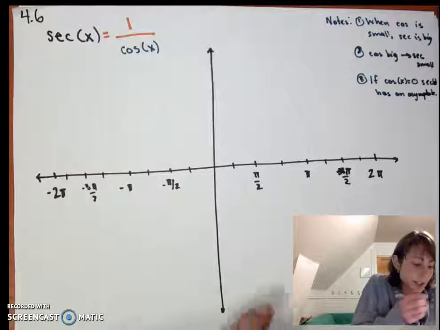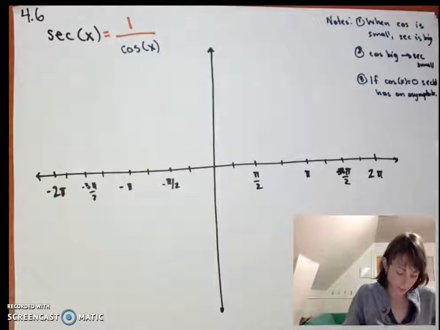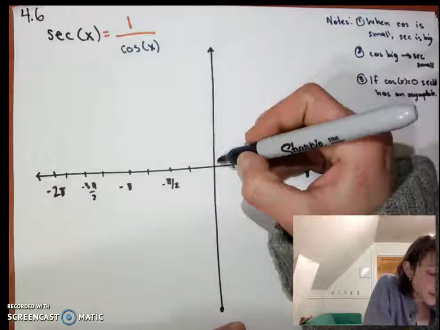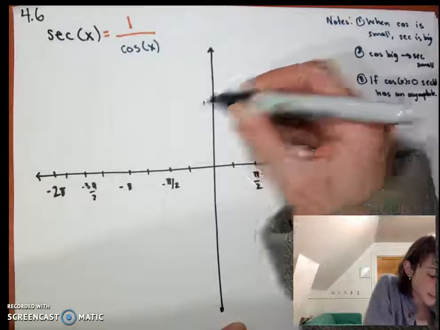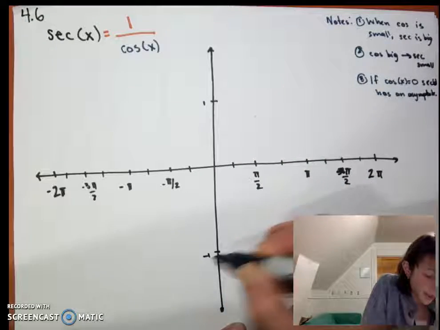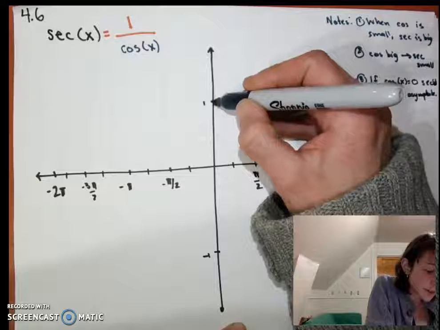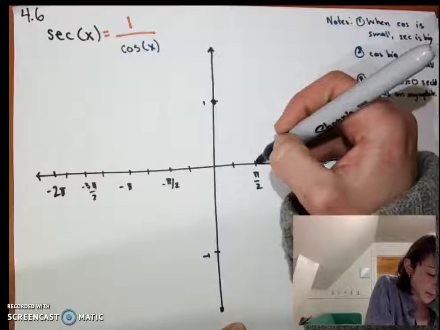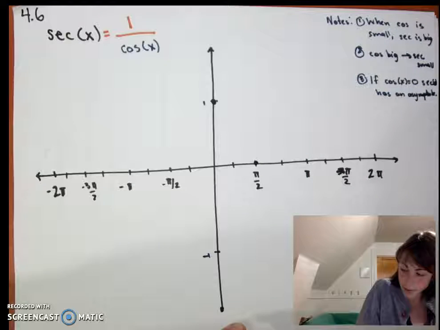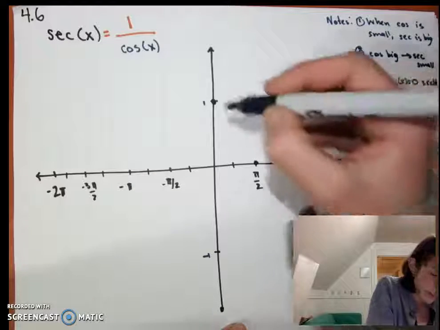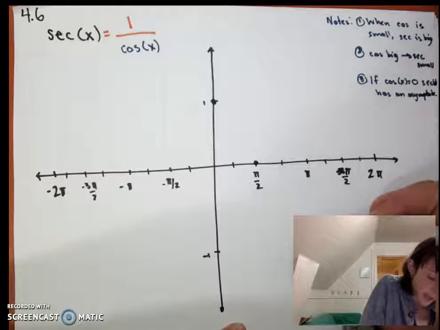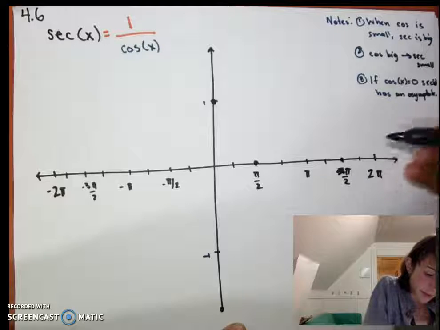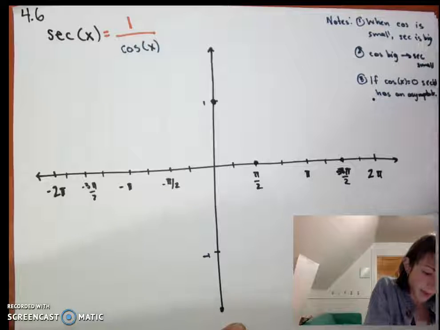Our strategy is first going to be to graph cosine of x. So let's go ahead and do that. So cosine, we know, has the tulip shape, and at 0, cosine of x is 1. What else do we know? At pi over 2, we're going through 0. At pi, we're at -1, and at 3 pi over 2, we're at 0, and at 2 pi, we're at the end of our tulip.